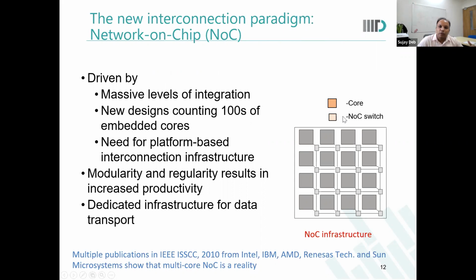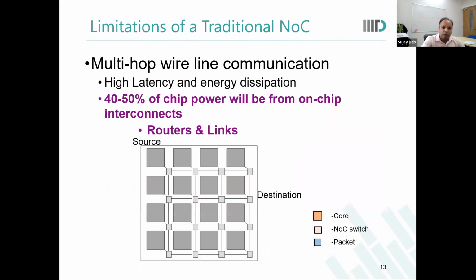Research on network on chip started in early 2005, mostly in academia, apart from Intel and a few other industry players. But now every other company is looking for experts with network on chip knowledge. So it's a very important enabler for multi-core chips, and we are extensively working on network on chip related research.